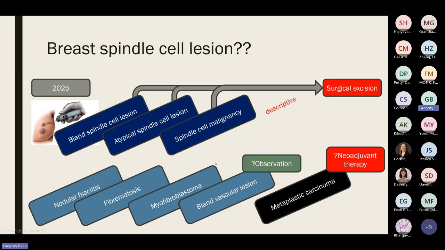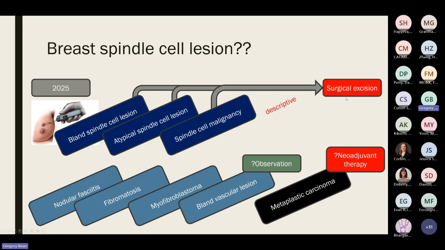But now in 2025, there will still always be cases where, because of limited sampling, or because the immunohistochemistry isn't working the way you thought it would, or you simply don't know what the lesion is, or it's a very limited, tiny focal sampling of something that might be a much larger mass, we have to use descriptive diagnoses, and that's okay.